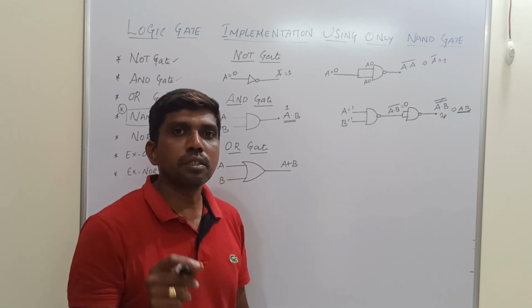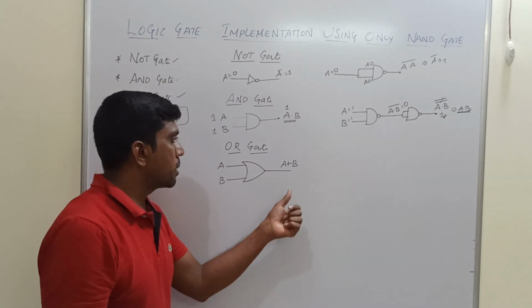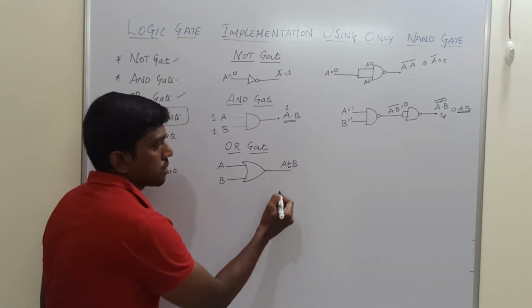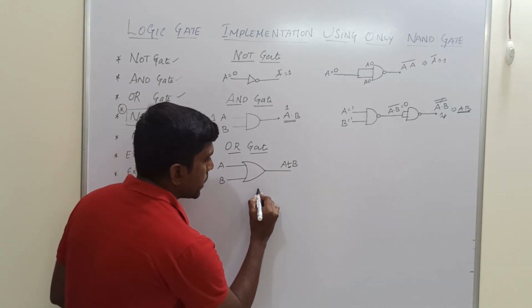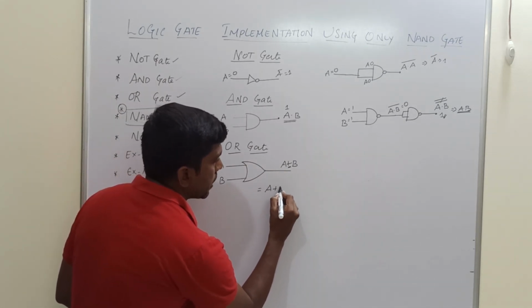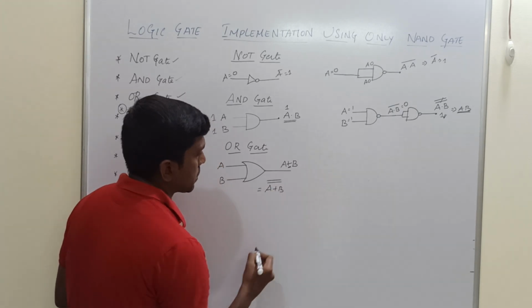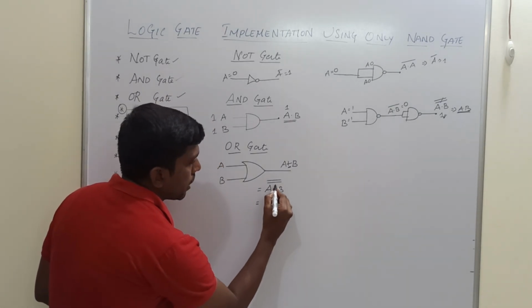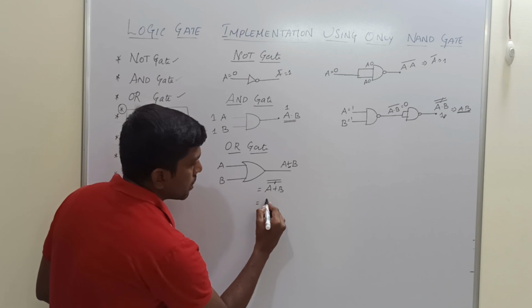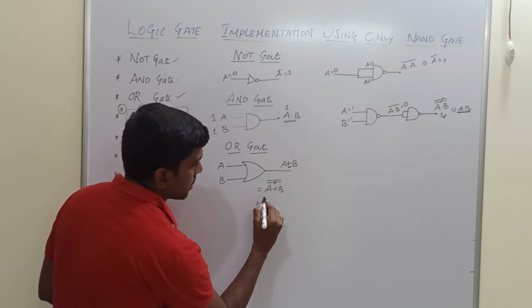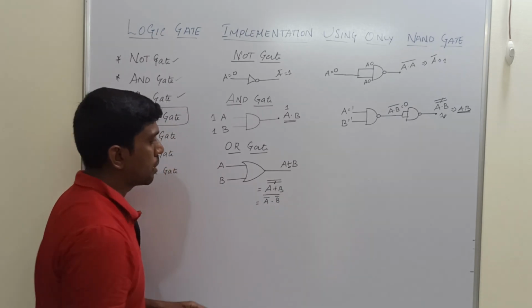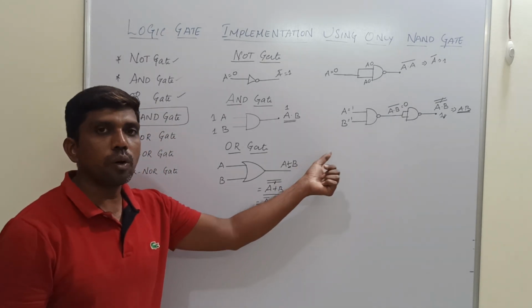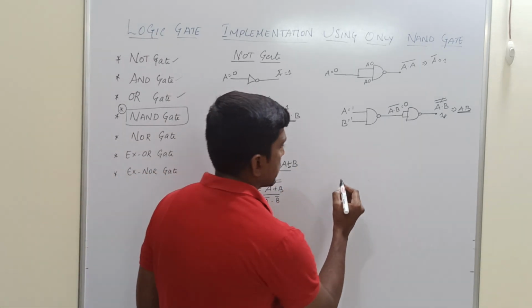NAND gate means the operator is the dot operator, but here the plus operator is present. So first I change this plus into dot operator. For that purpose I take a double bar in the expression. Now I apply De Morgan's theorem: break the bar, change the sign. A bar dot B bar the whole bar. So using this expression, now I am going to draw the NAND logic.